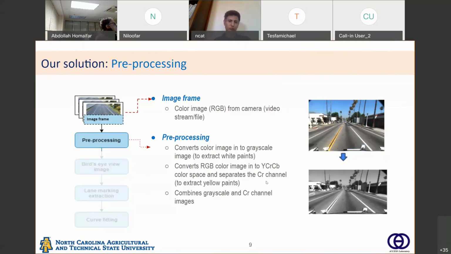There, the Cr channel, or the difference between the Cr and Cb channels, captures the yellow paintings very well. So we combine the grayscale and the Cr channel to get a better image that captures both the white and the yellow lines.